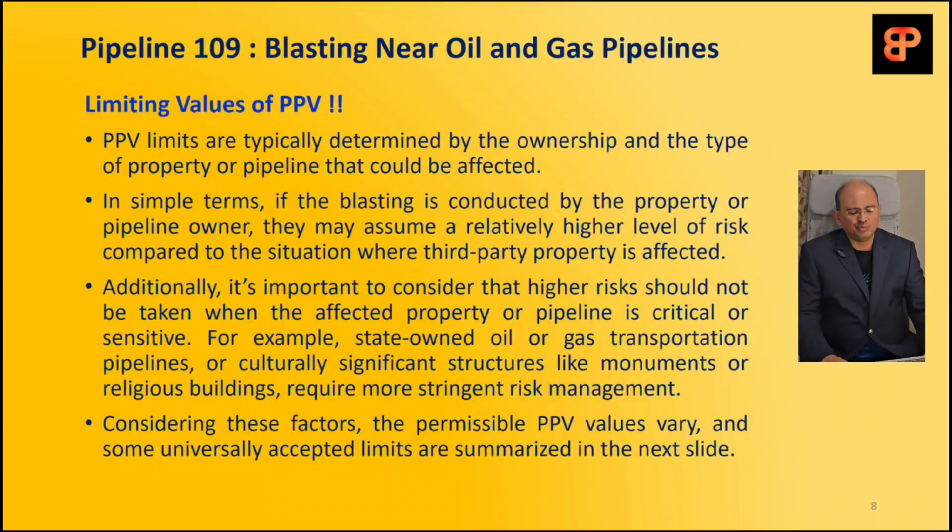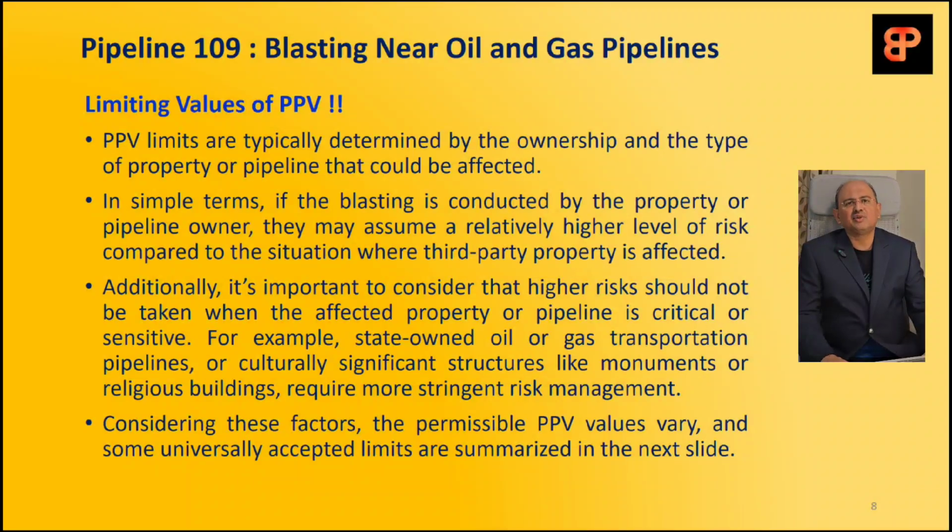Additionally, it's important to consider that higher risk should not be taken when the affected property or pipeline is critical or sensitive. For example, a state owned oil and gas pipeline, or a transportation pipeline which carries a major amount of inventory, like cross country gas network or the oil export pipelines.